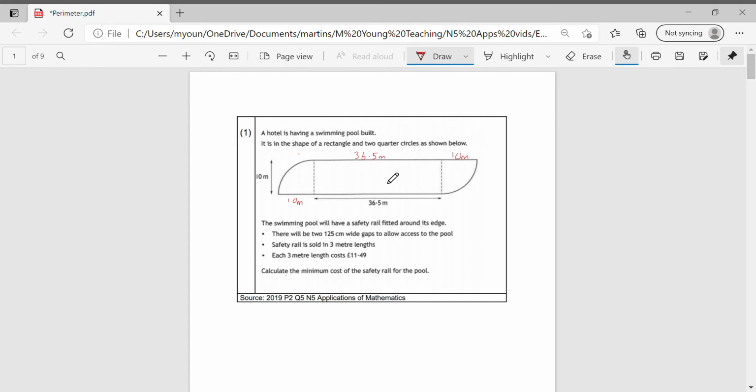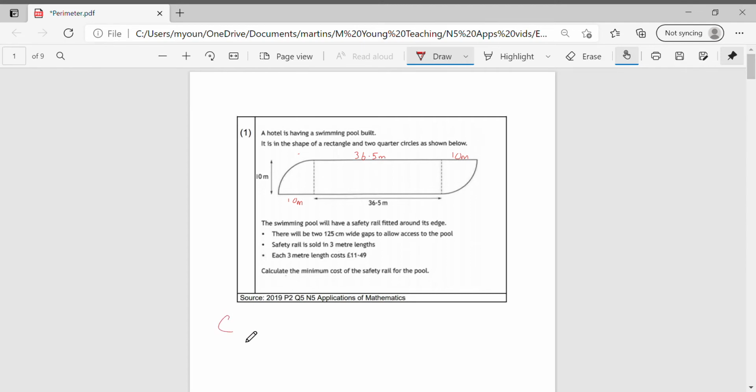Alright, c equals pi times d, the diameter. Now in this question we've got 2 quarter circles, so in effect we have got 1 half circle that we are wanting to work out the circumference of. So instead of doing 2 quarter circles, which you could find the circumference of 1 full circle divided by 4 and then double it, let's just do it for a half circle.